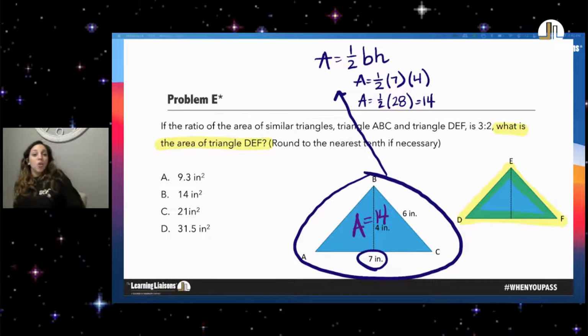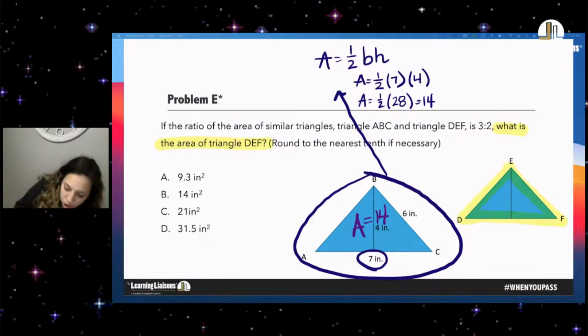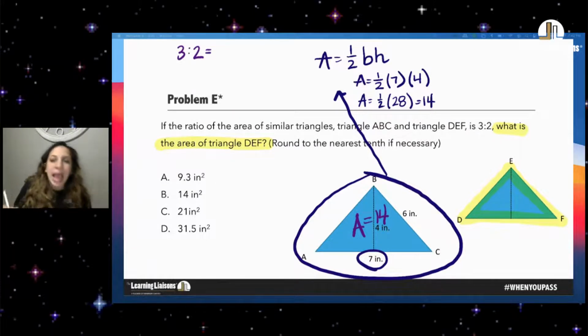Well, I know that the ratio of the areas is 3:2. So if the ratio of the areas is 3:2, and I know the area of triangle ABC, I can plug that into a second equivalent ratio.